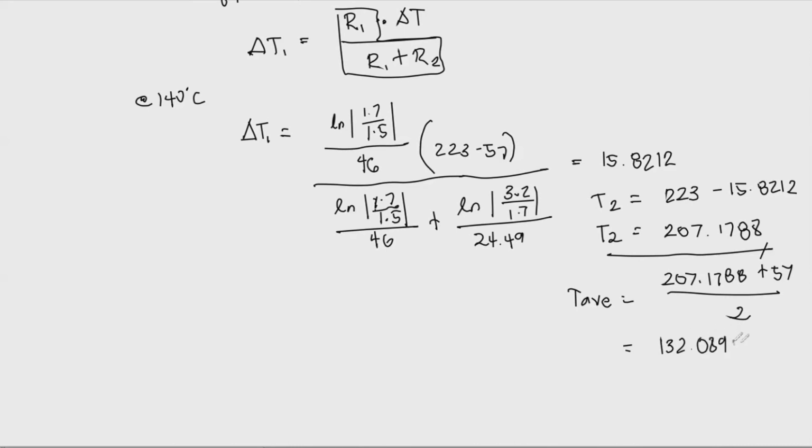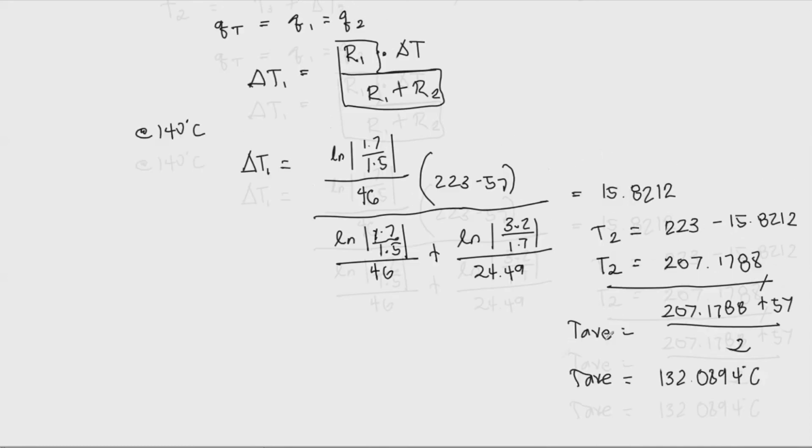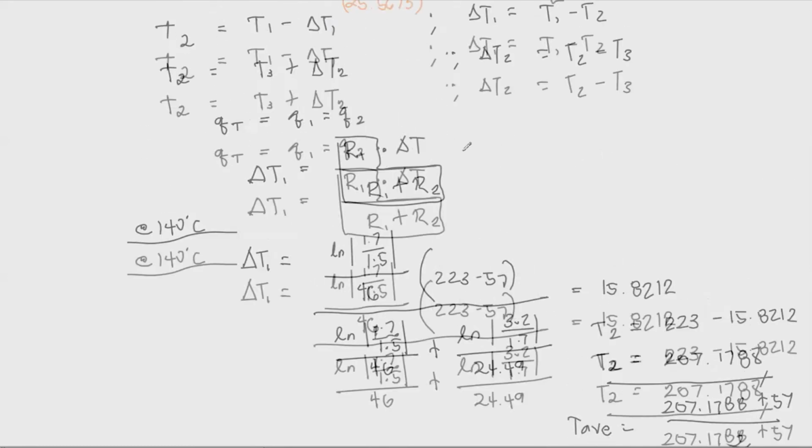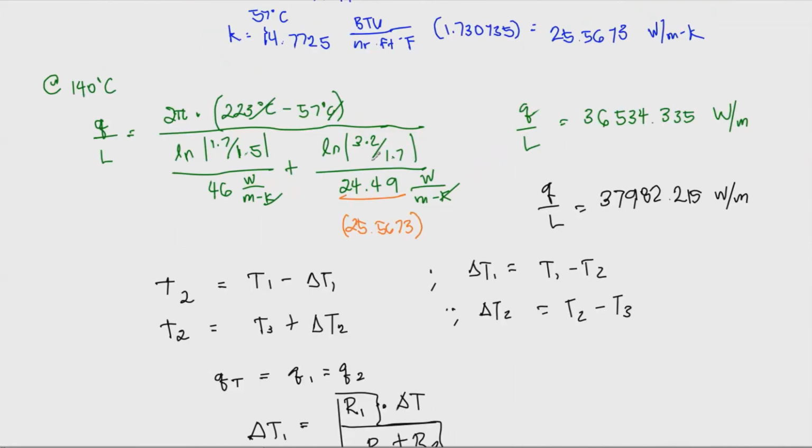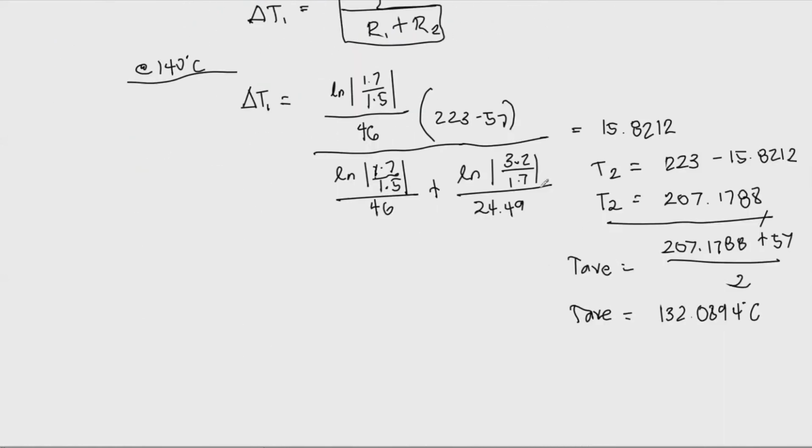Okay? And this answer is actually close enough to this value of 140. And therefore, with that, the correct answer that we will be reporting, or probably the best answer, would be this 36,534, knowing that it is evaluated at 140 degrees Celsius.